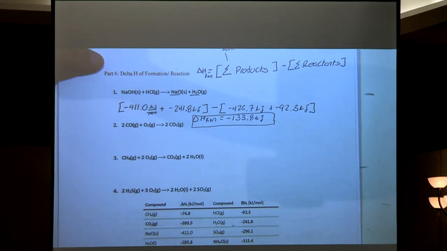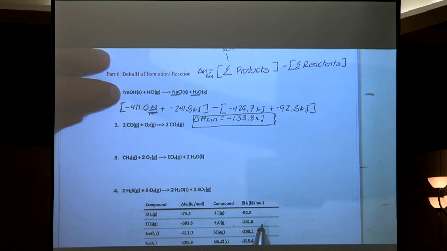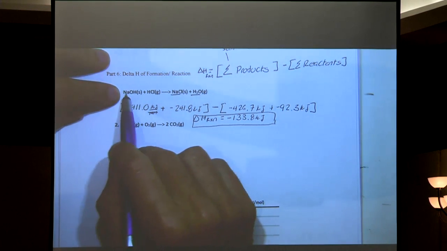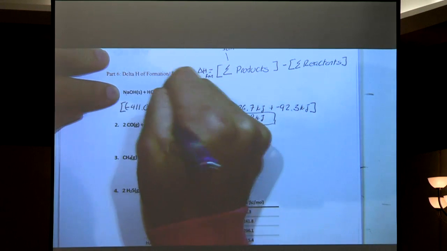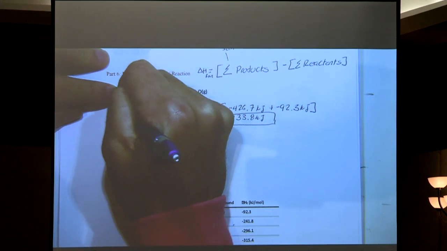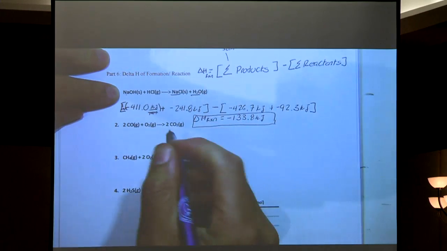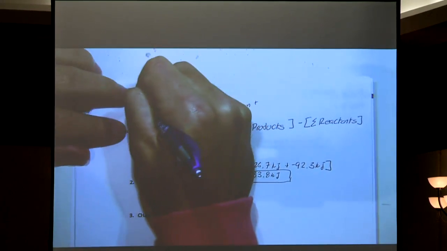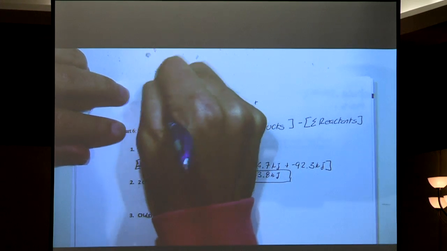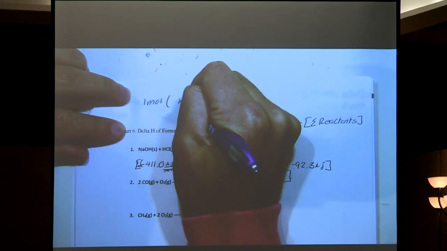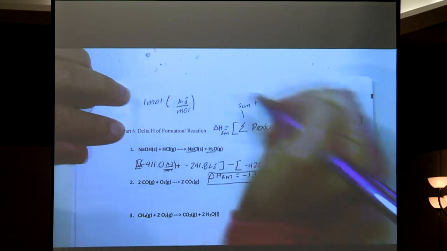That's a good question. How many moles are given in this reaction? There's 1 mole of NaOH. So think about it like I'm multiplying by 1 mole. If I'm multiplying 1 mole by something which is kilojoules per mole, what happens?